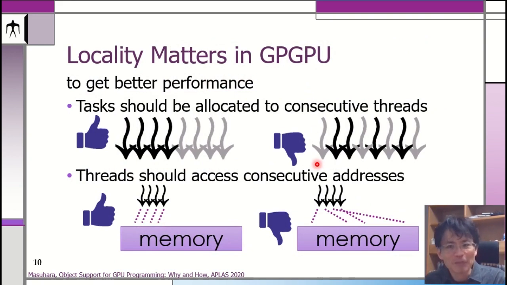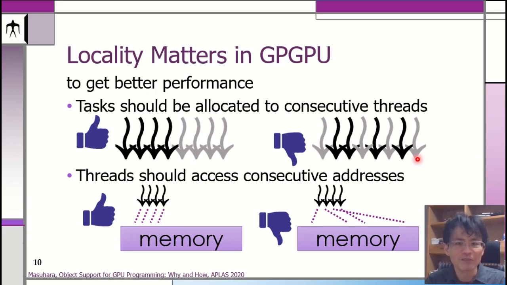By the way, I would like to note that we can learn two important lessons about GPU performance characteristics from the previous slides. Both are about locality. The first lesson is to allocate tasks to threads with consecutive IDs. If we are going to assign tasks, this allocation is good, while this scattered assignment is bad for performance.